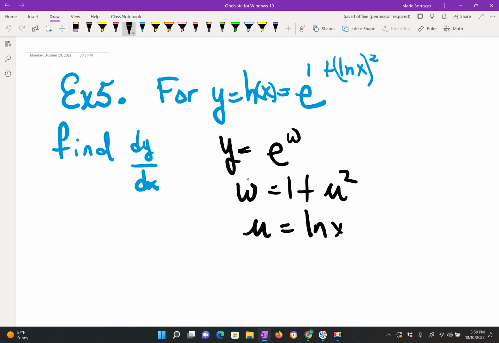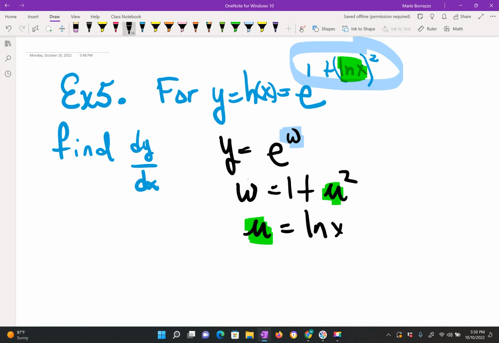It's a lot of steps here. So here's a natural log of x. That is my u. If I look at this function, that's why this is u squared. If I look at all of this part of the function, just this part, this is my w. Just make that connection for a minute.